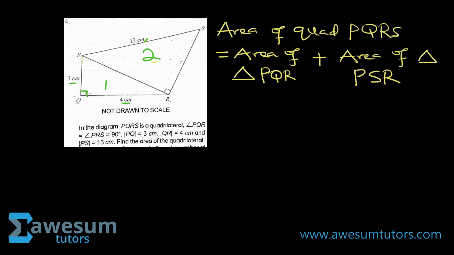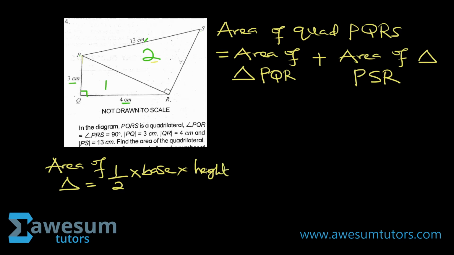These are right angle triangles, right? So let's write it right here, just for you to remember: area of a triangle is half times base times height, right? So for the area of PQR, it is going to be half times the base.